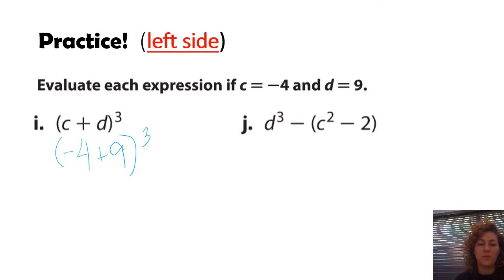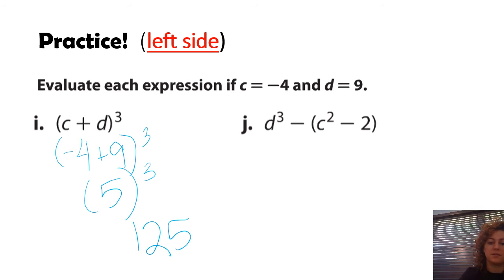D is 9. So replace d with 9 and then to the 3rd power. So parentheses goes first, so I need to simplify this. Negative 4 plus 9 is going to be positive 5 to the 3rd power. 5 to the 3rd power would be 5 times 5 times 5, which gives me 125.